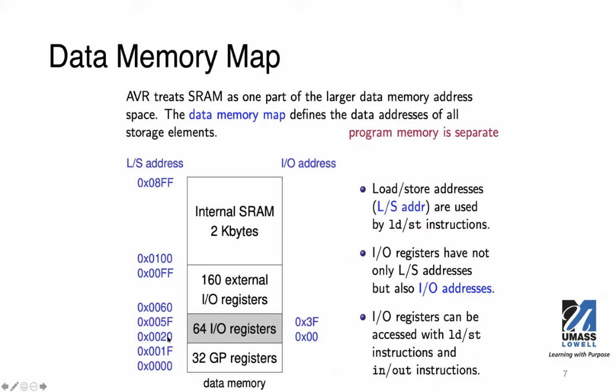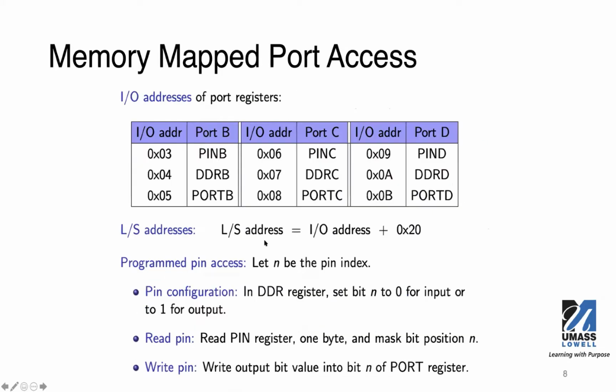But in that case, you need to add 20, because it's 20 corresponding to the 0, 21 corresponding to 01, and 23 corresponding to 03. And that 03 is PINB and 04 is DDR-B. So that's why we have this simple translation formula: the load store address equals the I/O address plus 20.